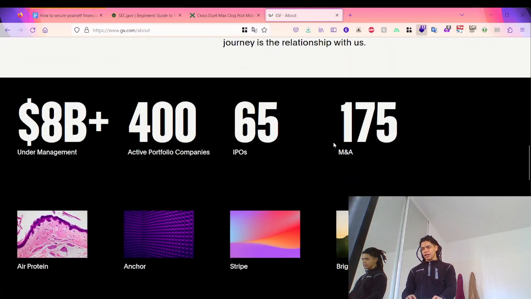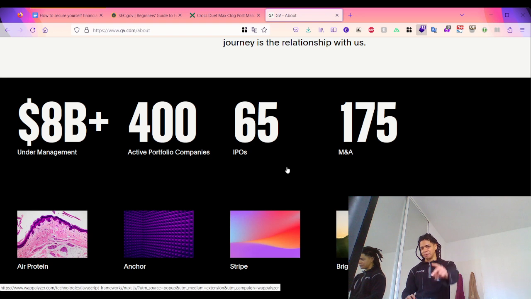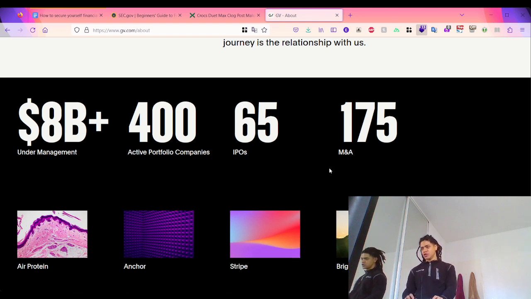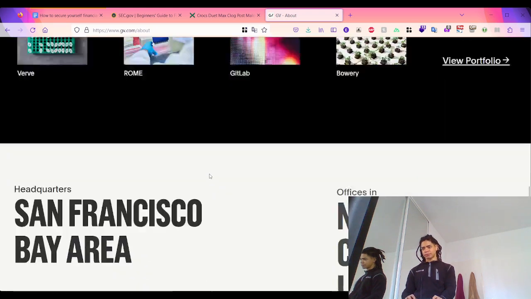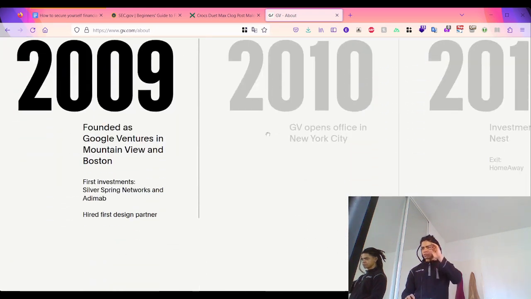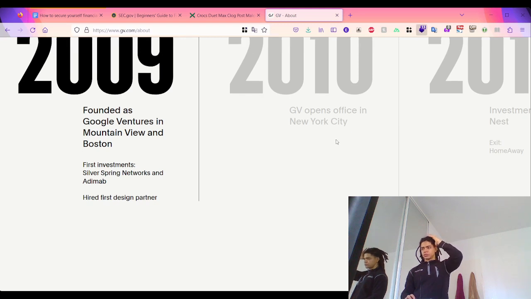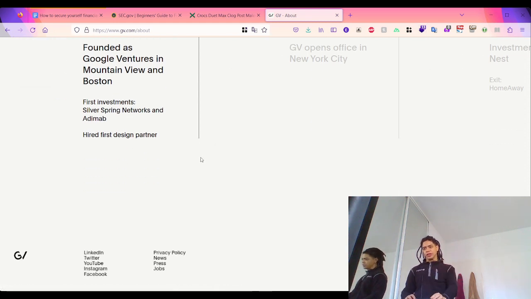And they're using Knox and Vue, and they're using Contentful to manage their content.